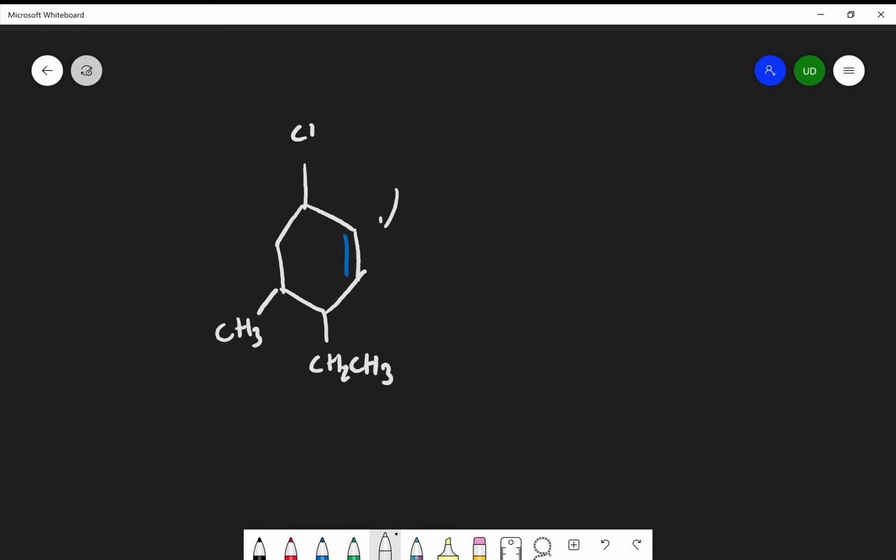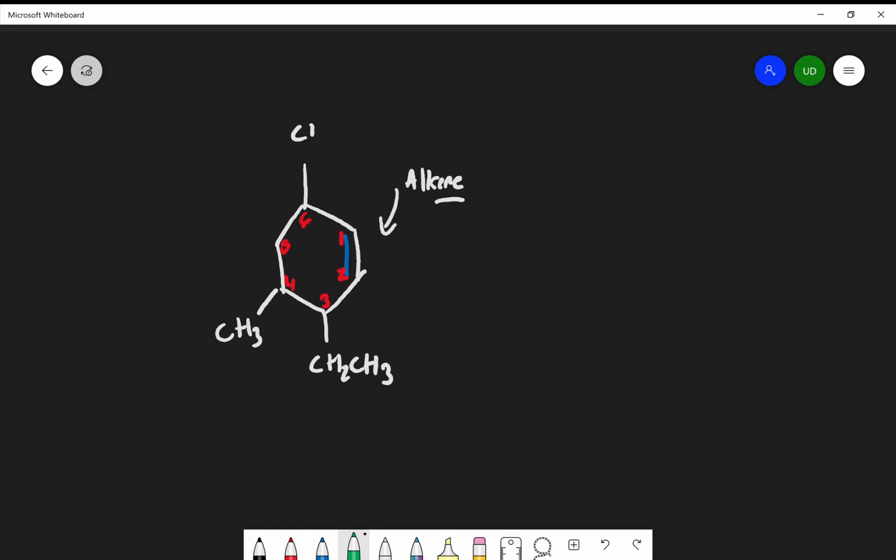We know we have an alkene. So you want to give the alkene its numbering priority. So it's 1, 2, 3, 4, 5, 6. Now you can't go 1 and 2 because the alkene is in between 1 and 2 on the red side. So you would have to go to the right. You can't go to the left.